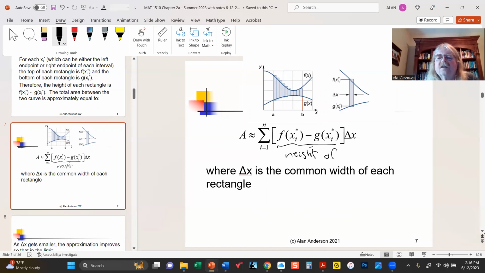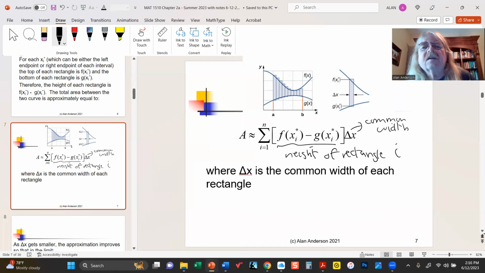Let's call this rectangle i. Now, remember, the widths are all the same. It's a constant. That's why there's no i subscript, by the way. This is the common width of all the rectangles. And so the height times the width equals the area of a rectangle. So the sum of all these rectangles, of which there are n of them, is the shaded region.